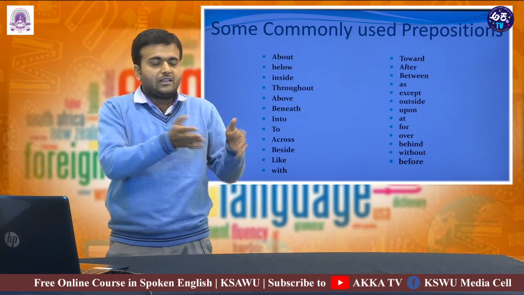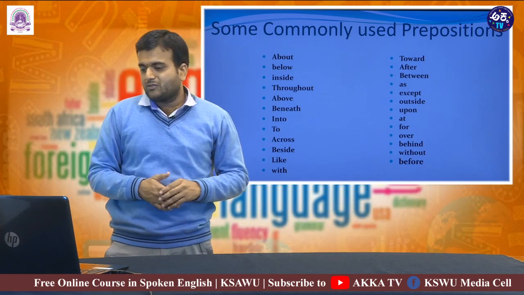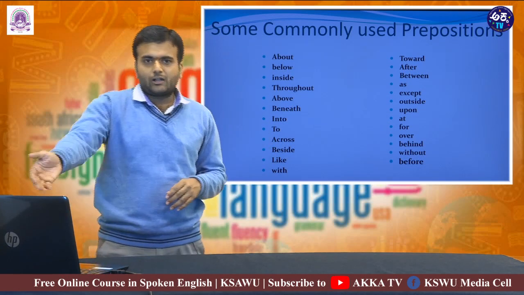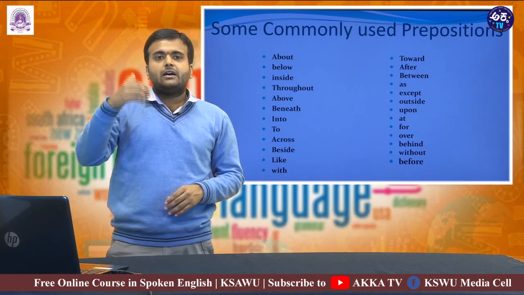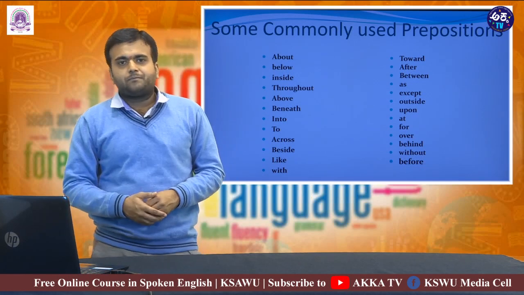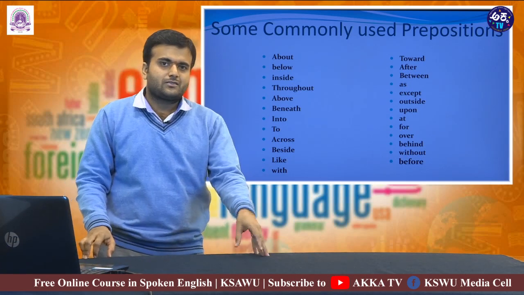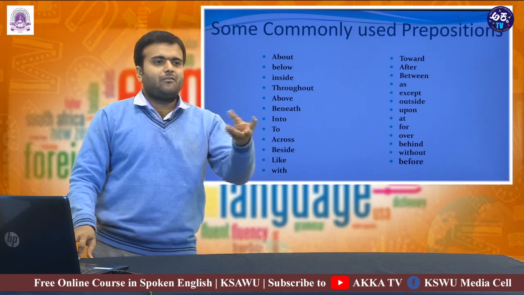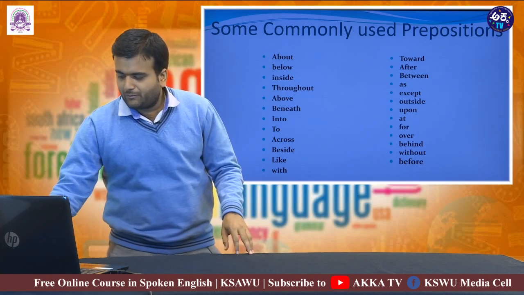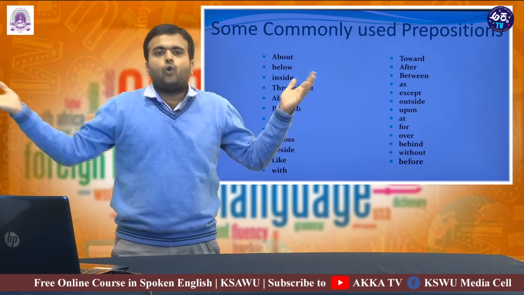Between, in the middle, between. When to use between and among? There is one more I have not added in this list, but it will come in the next list probably. There is another word called among. When to use between, when to use among, there is a difference, there is a confusion. With between usually we say, for example, I am standing between two walls.